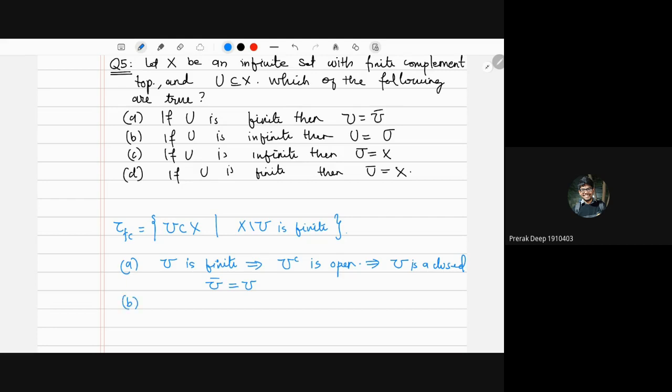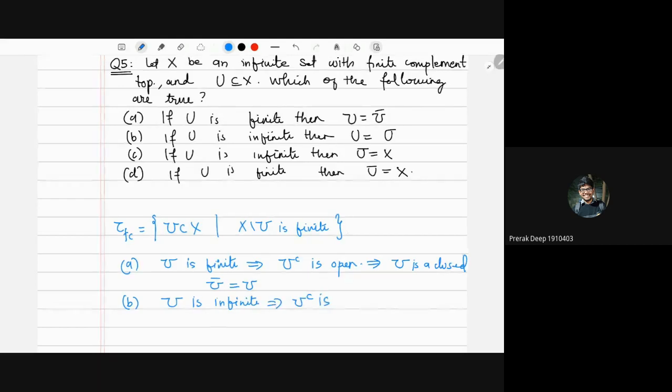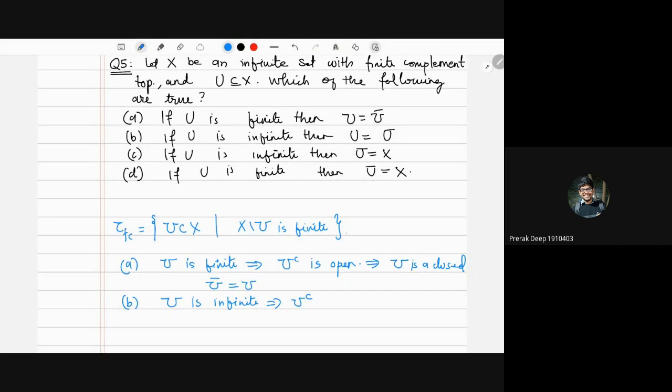Okay. Similarly, option B says that if U is infinite, then its closure will be itself. So now if U is infinite, we can't say anything about its complement. It could be an infinite set or it could be a finite set.